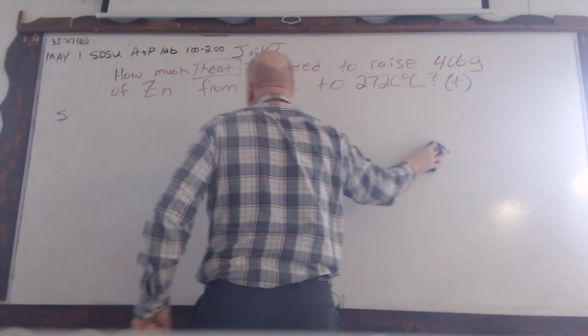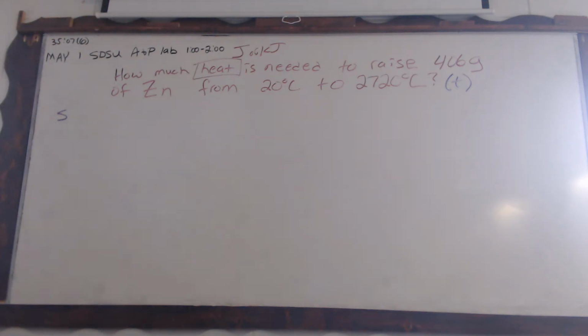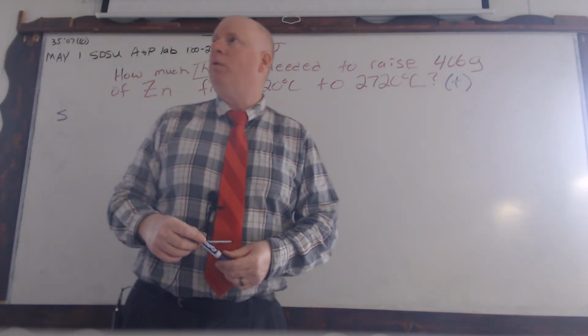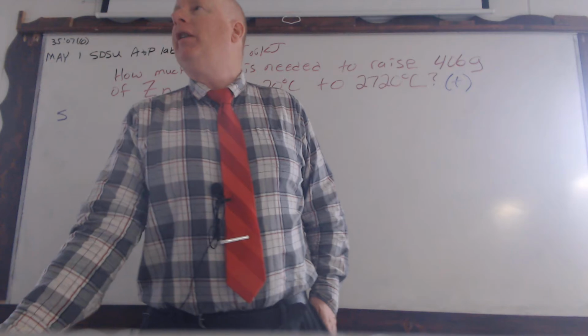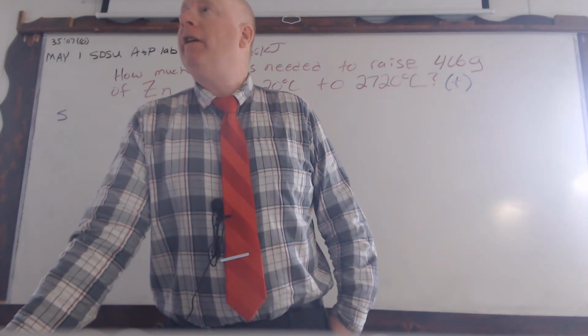So what variable do you think we are missing? Because this happens at a specific rate. We need to know what the specific heat of zinc is. Oh, it's not on there. So we will extrapolate by looking at iron, which is 0.445, I think.